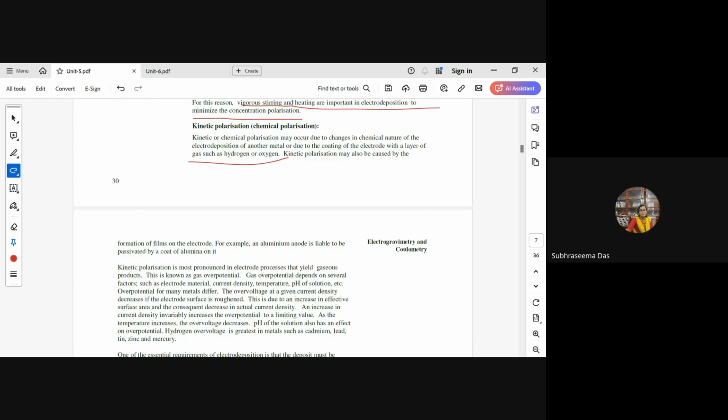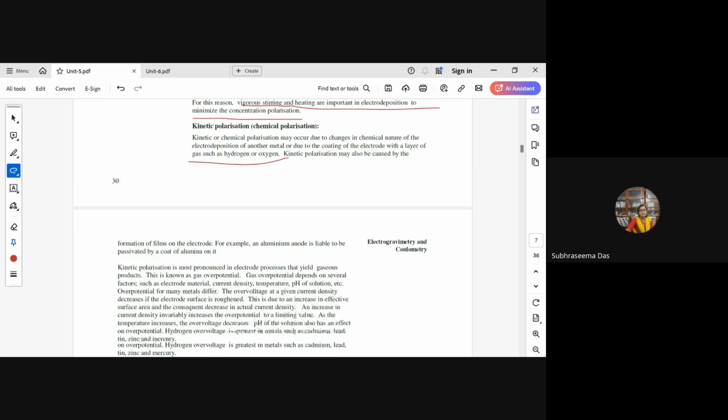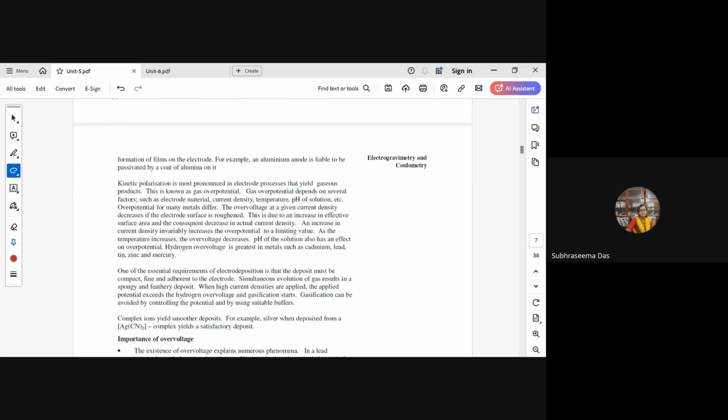For example, an aluminum anode is susceptible to being passivated by a coat of alumina on it, since aluminium is highly sensitive to the oxygen in its surroundings, so in most cases it is likely to be covered by a coat of aluminium oxide, that is alumina. So this also leads to kinetic polarization or chemical polarization.